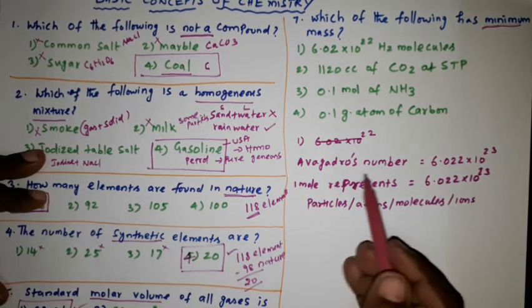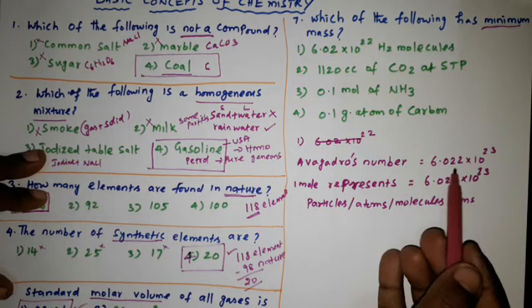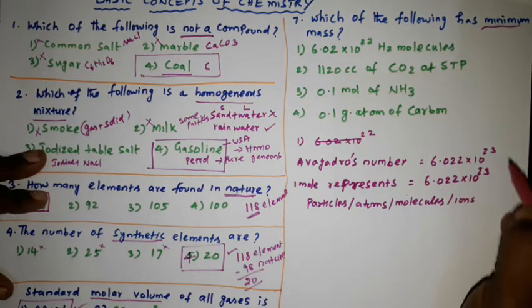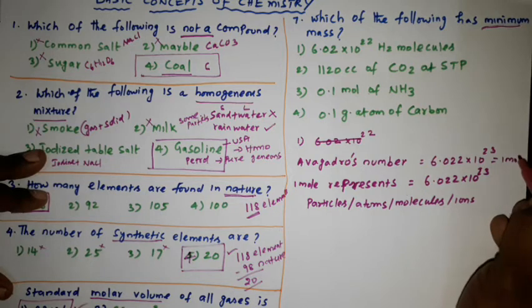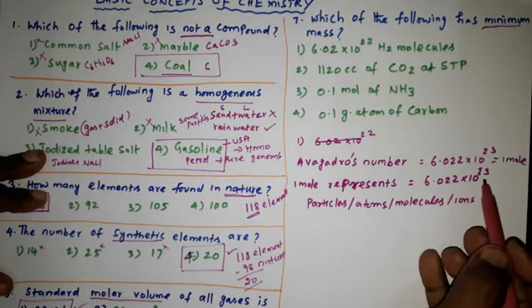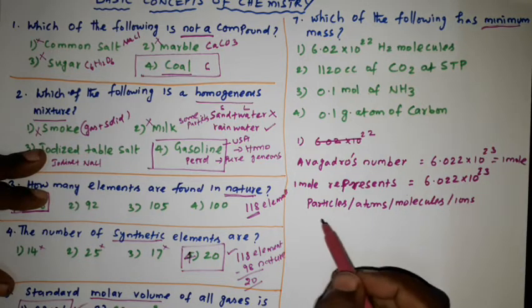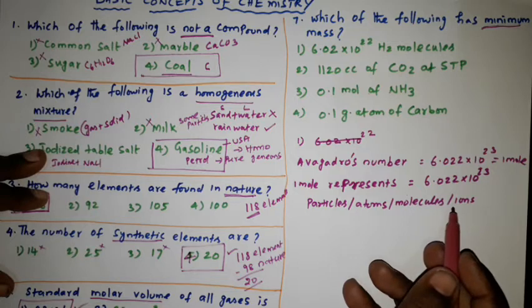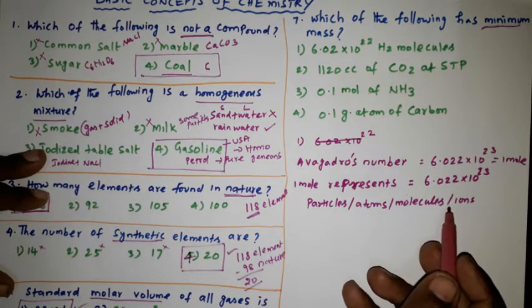So 1 mole represents 6.022 into 10 power 23 number of particles, number of atoms, number of molecules, number of ions. That is the meaning.